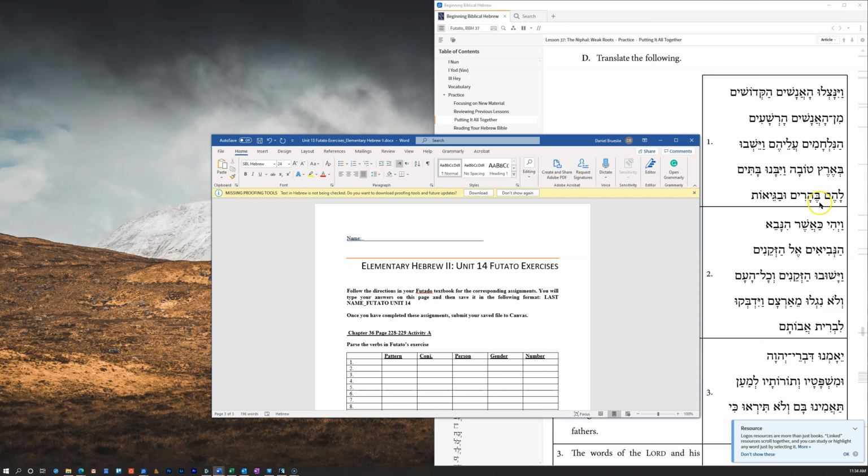My brain is scrambled. Remember, segol before a hey kamets is the definite article. In the mountains, and in the... I do not recognize this word.